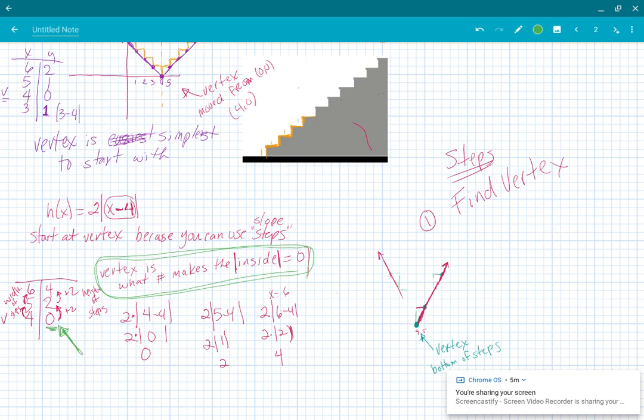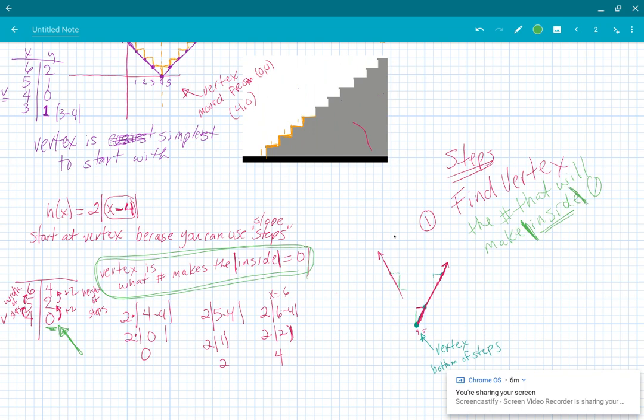So I'm going to write: the number that will make the inside 0. And by inside, I mean inside of the absolute value, okay?